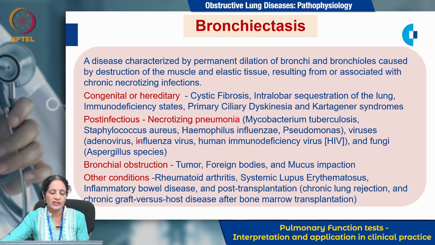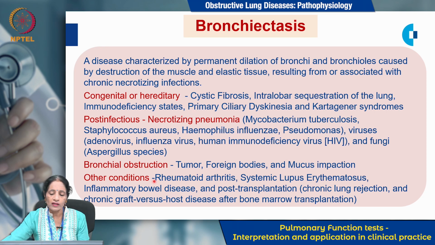And some of the viruses, namely adenovirus, influenza virus, human immunodeficiency virus, and the fungi, that is the Aspergillus species, are all supposed to produce what is called post-infectious necrotizing pneumonia leading to bronchiectasis. Sometimes there can be bronchial obstruction because of tumor, foreign body and mucus impaction leading to infection and bronchiectasis.